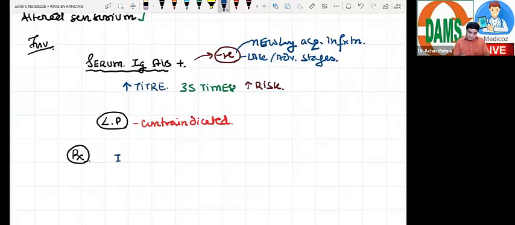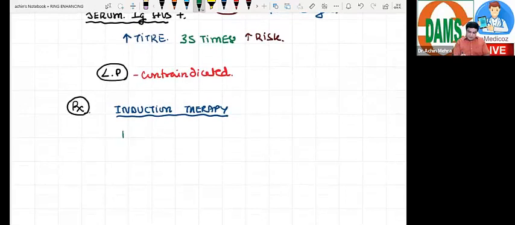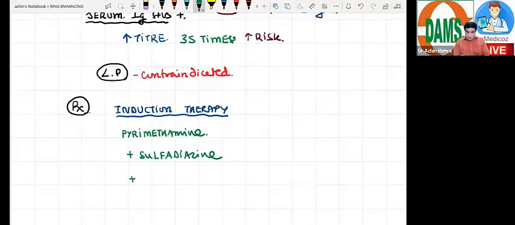Okay. Now, what's the treatment? There's an induction therapy that we offer in them, which includes a few drugs. One is pyrimethamine along with sulfadiazine along with one more, leucovorin.